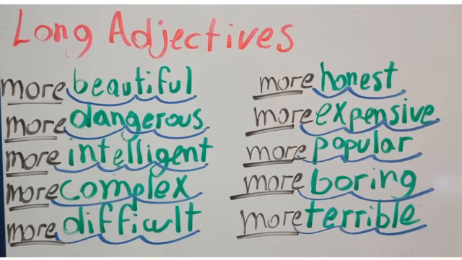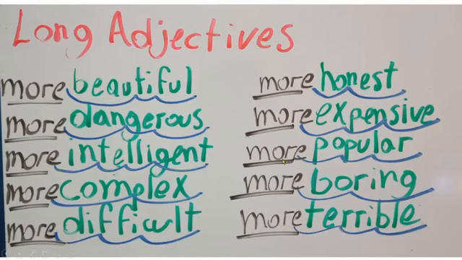Okay, now what about long adjectives? Long adjectives like beautiful, dangerous, intelligent, complex, difficult, honest, expensive, popular, boring, and terrible.